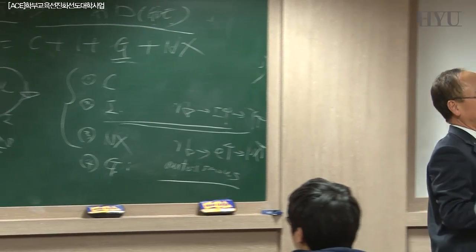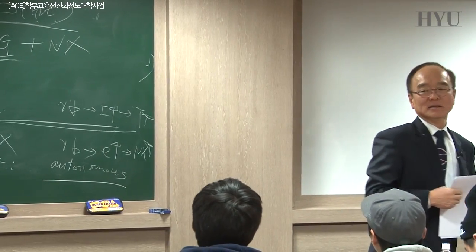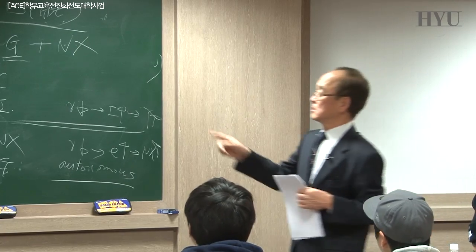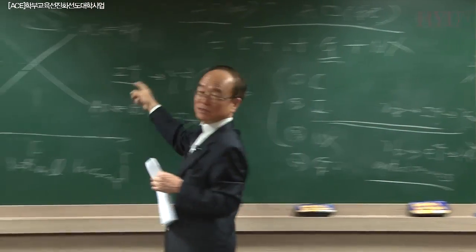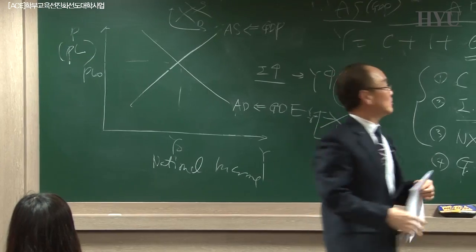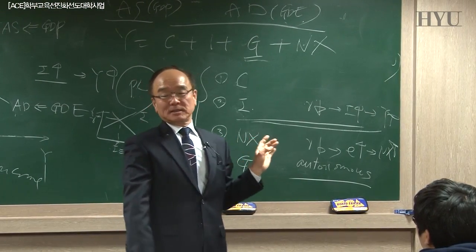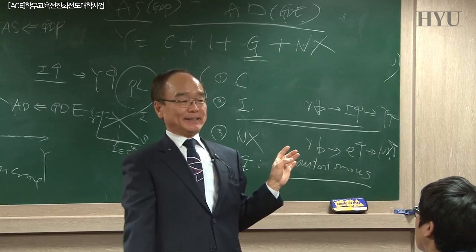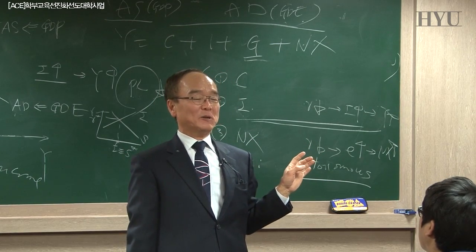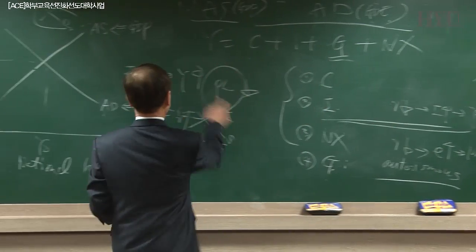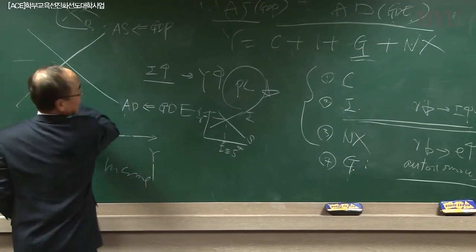Will you save more or less? Save more, meaning C declines. So AD moves in this direction. There are many ways. Or the government decreases tax: will you consume more or less? More. So this is the direction. That's a shift. AD moves in this and that direction.